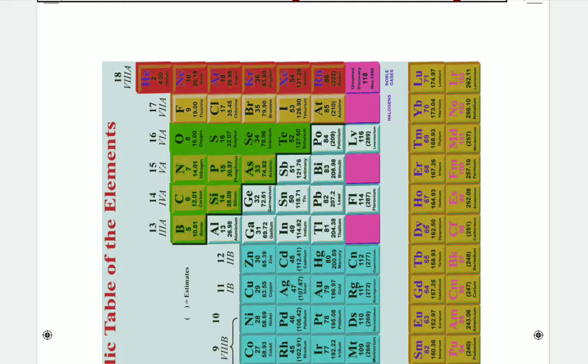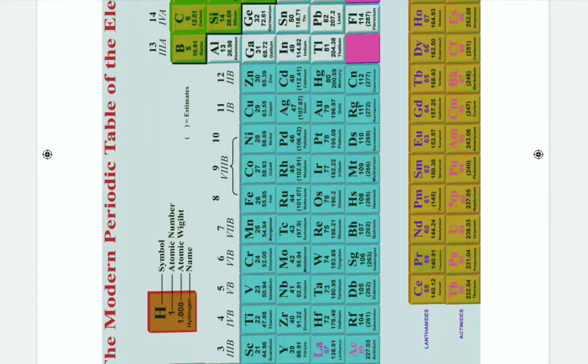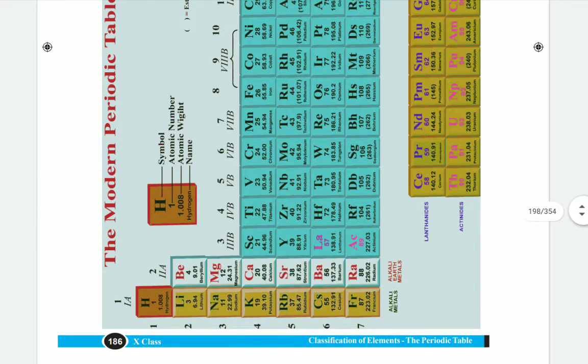These 18 electrons will be present in 4s, 3d, 4p, and so on. In the fifth period also we have the same 18 elements, as in the fourth period. And when coming to the sixth period, there are 32 elements.